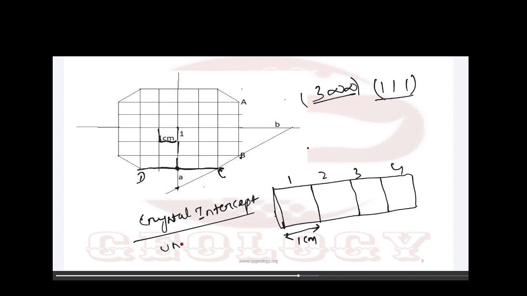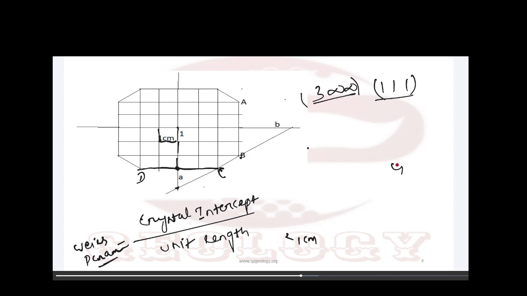by unit length. Crystal intercept by unit length is the Bayes parameter.